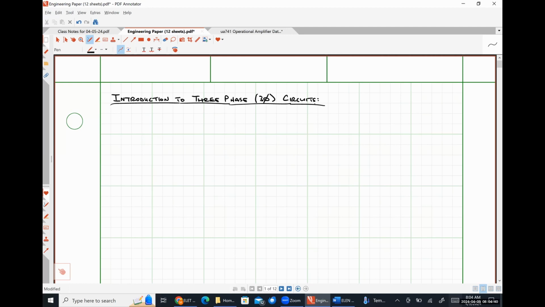Okay? So what we are probably more familiar with is a single phase system, which is actually what we see in our homes. So a single phase system is going to look something like this.